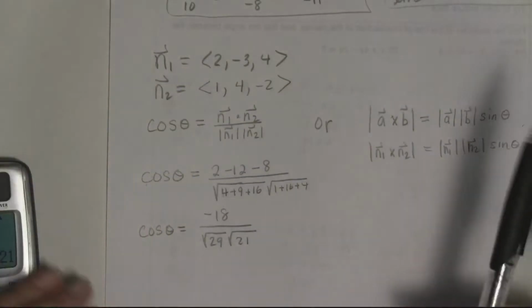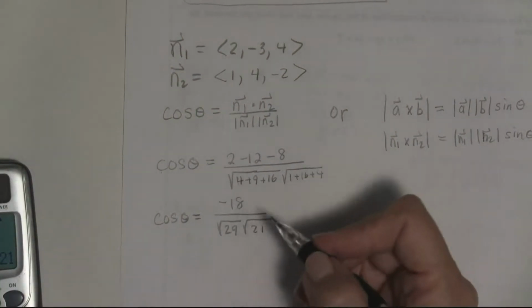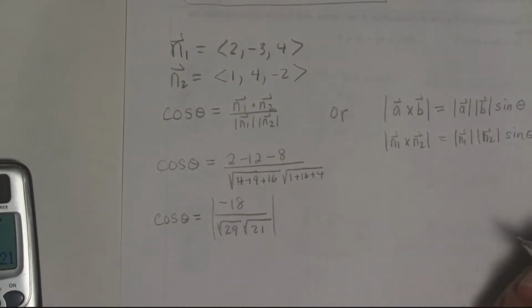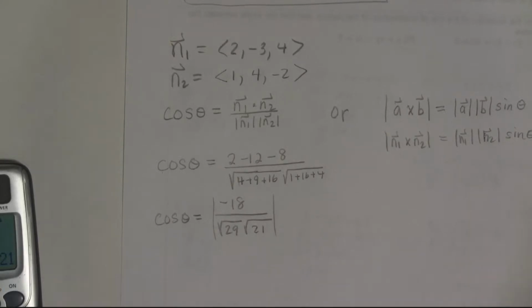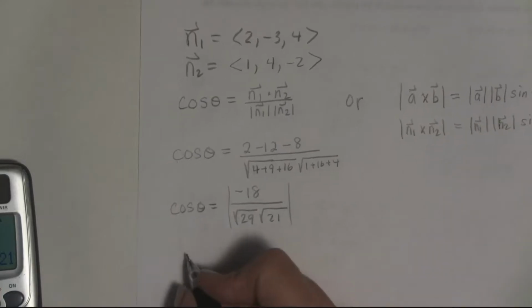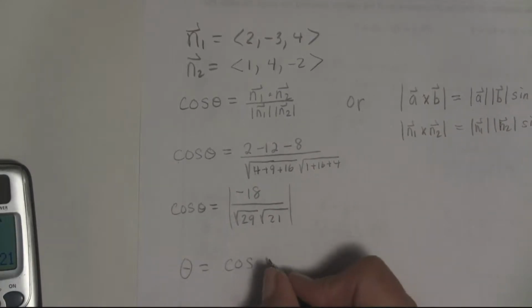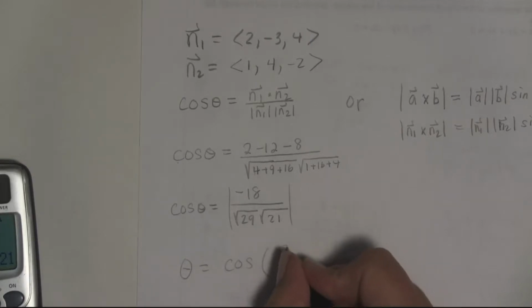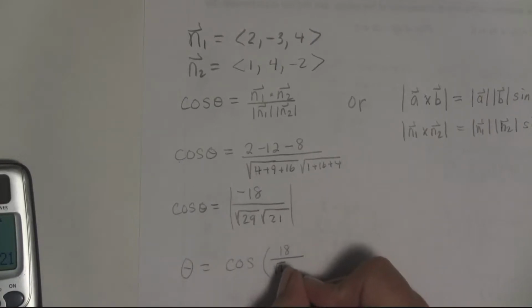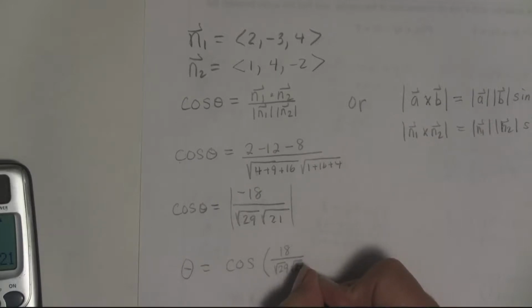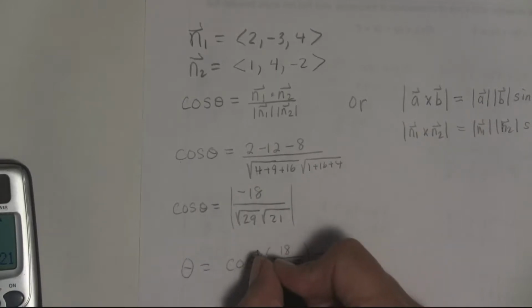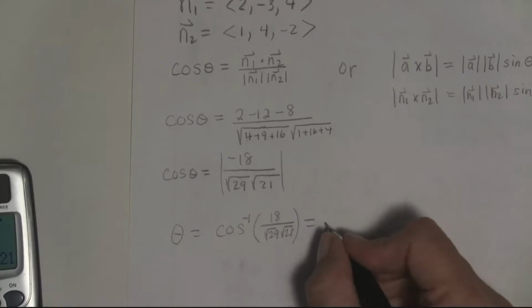So your book tells you to put absolute value around that to get the acute angle. And so if I do that, I'm going to get theta equals the arc cosine of 18 over the square root of 29 times the square root of 21. And I don't know where my arc went to, but it's there somewhere.